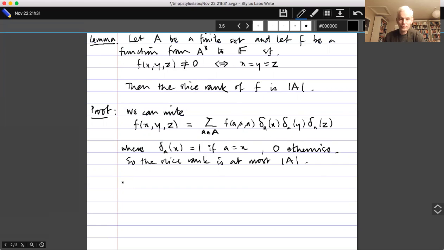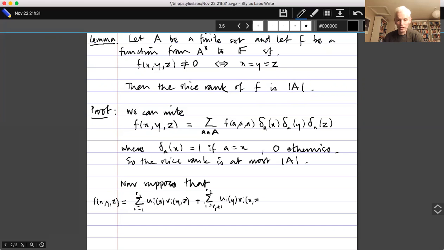Now suppose that f(x, y, z) is, let me write out this expression again: the sum for i equals 1 to r1 of u_i(x) v_i(y, z), plus the sum for i equals r1 plus 1 to r2 of u_i(y) v_i(x, z), plus the sum for i equals r2 plus 1 to r of u_i(z) v_i(x, y).